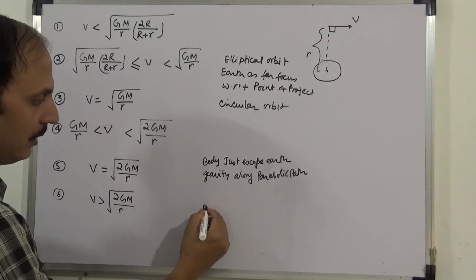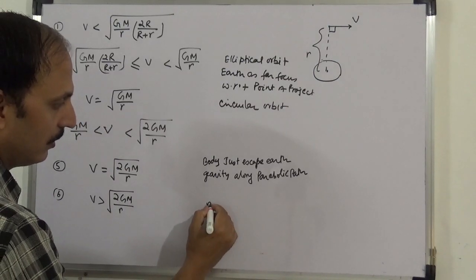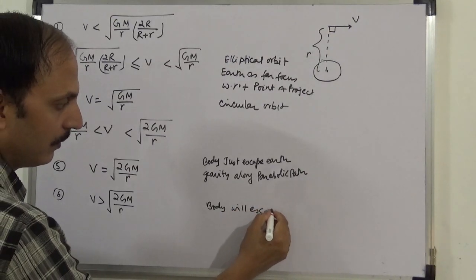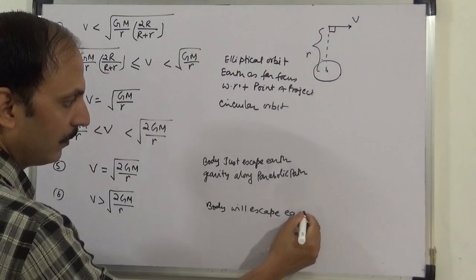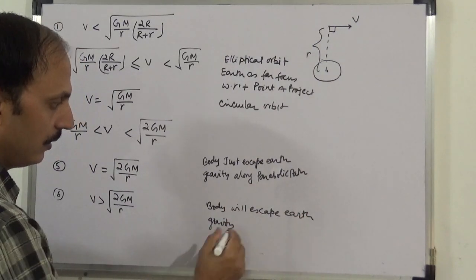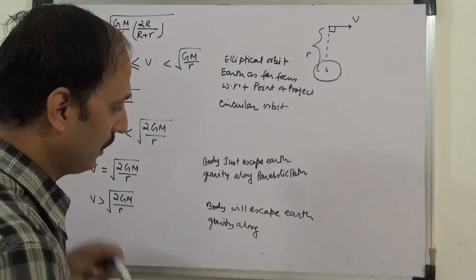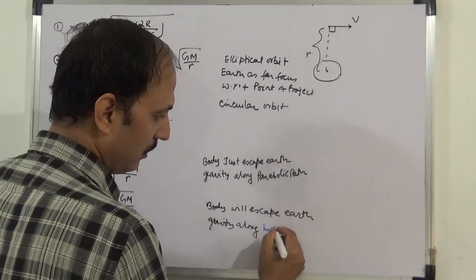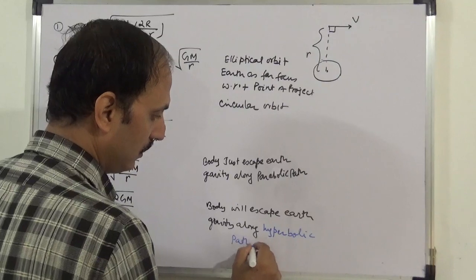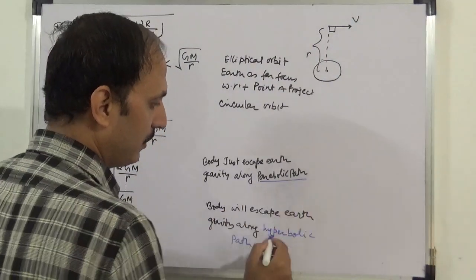And the sixth one, V greater than sqrt(2GM/r). Here the body will escape earth's gravity along a hyperbolic path. Okay, this is a parabolic path, this is a hyperbolic path.